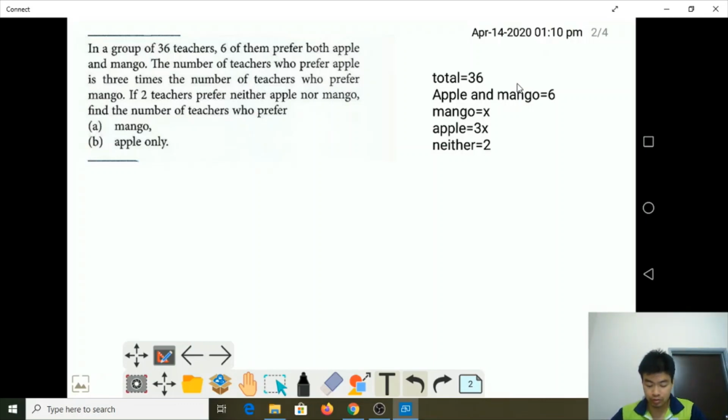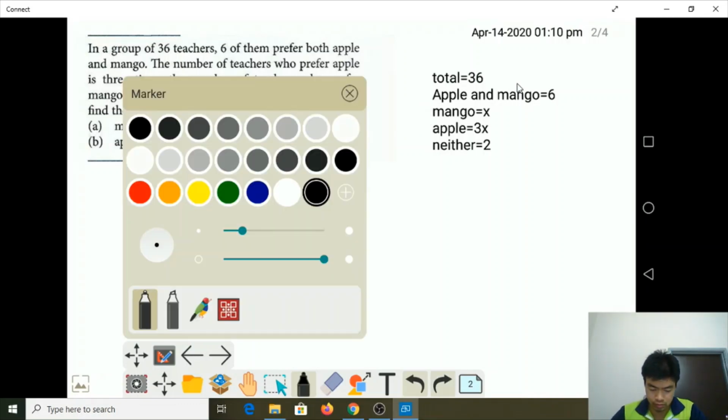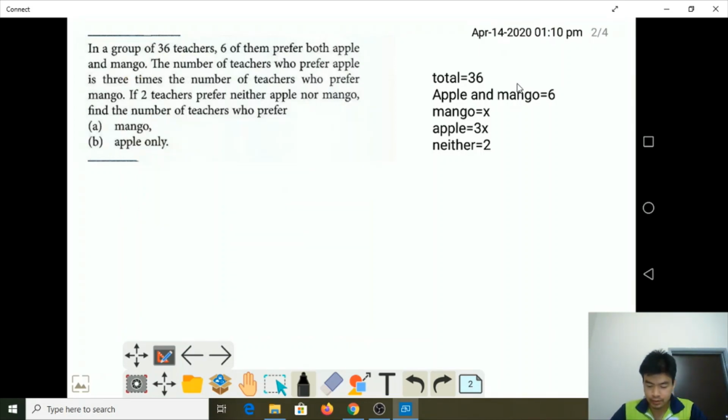So I'm going to draw out the Venn diagram. There are basically 2 sets, set M and set A. M for mango and A for apples.